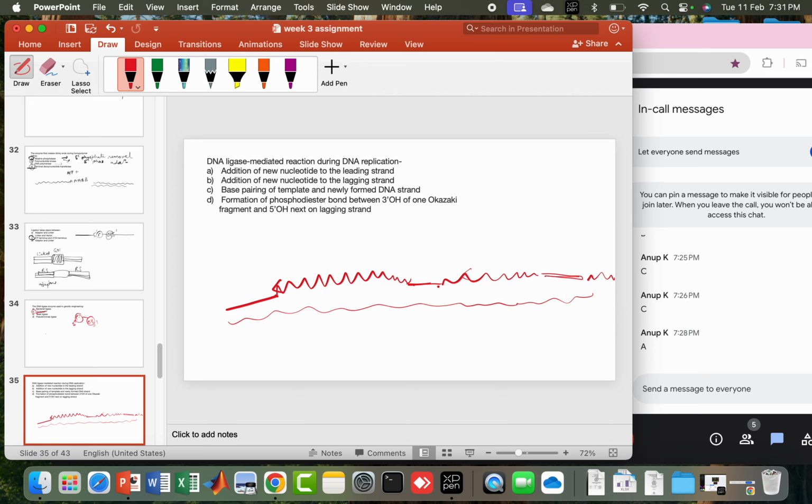After removal of primers, we'll have small gaps. These fragments are known as Okazaki fragments, and there will be a nick here, and this nick is filled by DNA ligase through phosphodiester bond formation between the 3 prime OH and the 5 prime phosphate on the next strand.